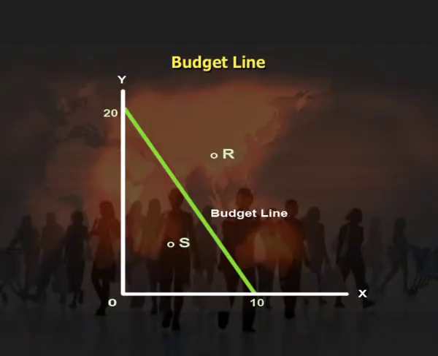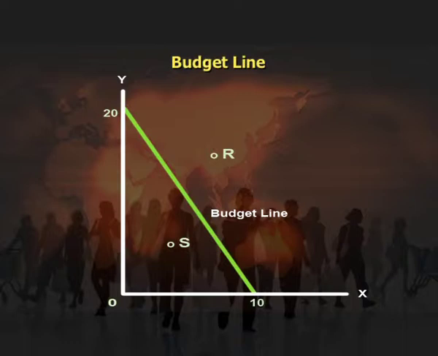Under these constraints, how much of each good he would buy and how much satisfaction he will achieve depends on his choice of purchases of different quantities of goods X and Y. Therefore, drawing a budget line to represent prices of two goods and his money income onto the indifference curve is very important. This diagram presents the budget line of a consumer for goods X and Y.